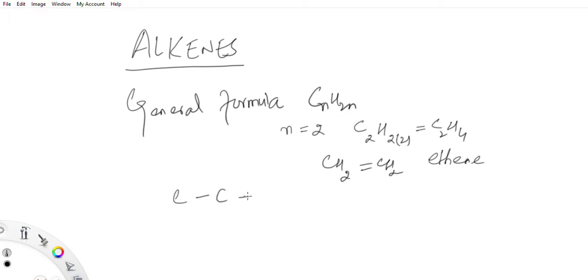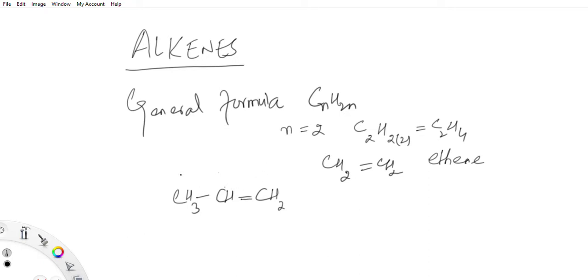Similarly, in case of three carbon atoms, if I put a double bond here and balance the hydrogen atoms like this, now it's a three carbon compound having a double bond. So a new thing comes here, that is the position of the double bond. I can start numbering the carbon atoms from the left side or from the right side. I will not start from the left side, because then, counting 1, 2, 3, the double bond will come between position 2 and position 3.